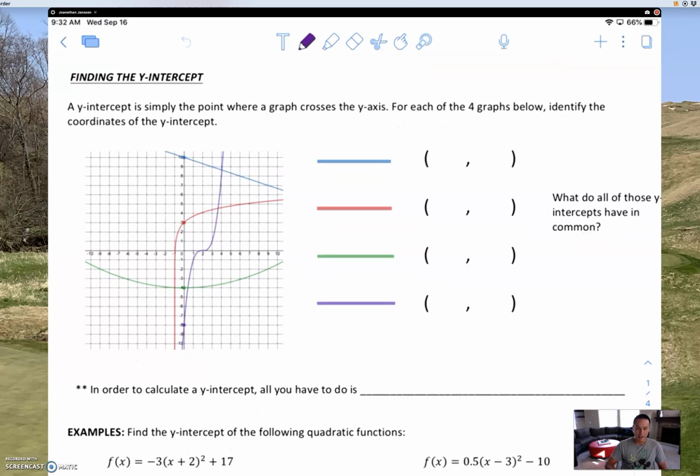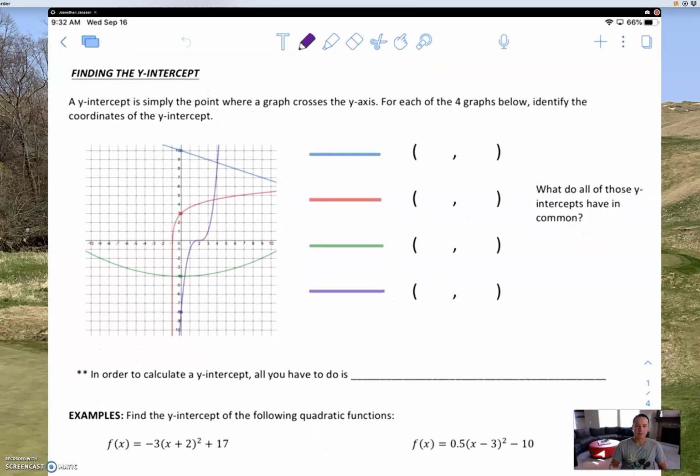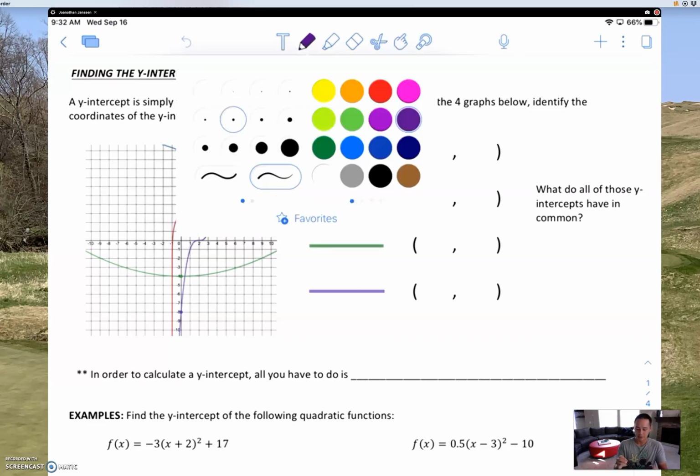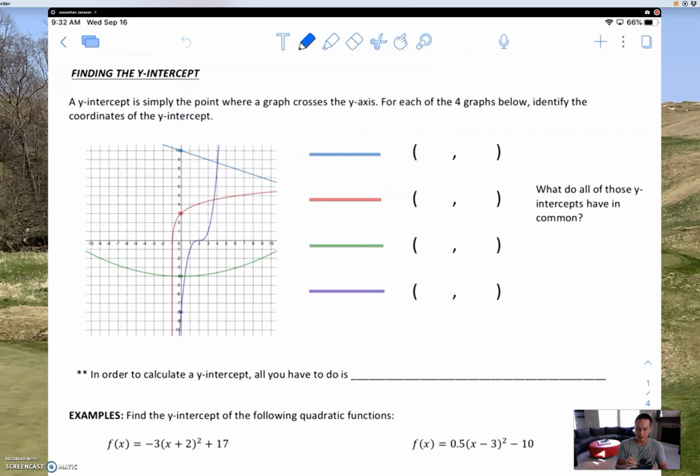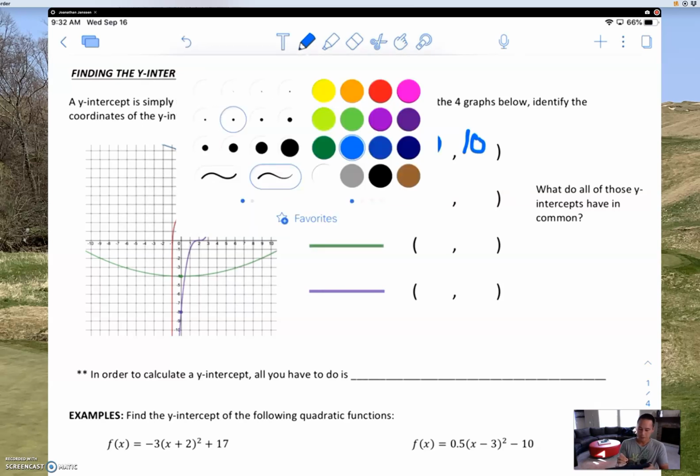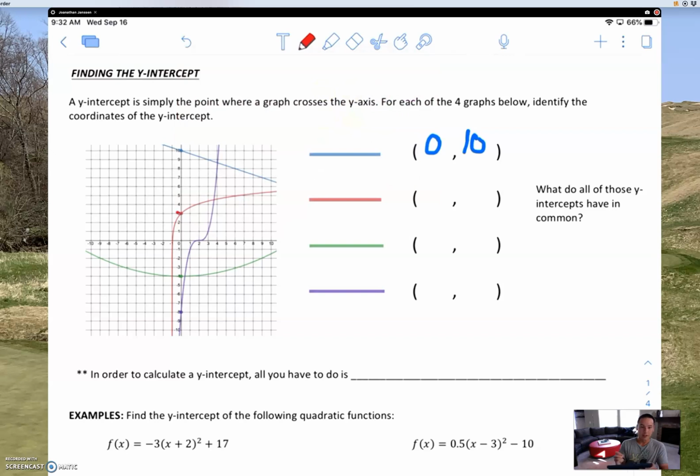So we're going to start by finding the Y-intercept, and I think that's going to be a relatively easy concept for us. What I have on there is 4 different graphs, and there's a dot on the Y-axis. Those are going to be the Y-intercepts. For the first blue graph, the Y-intercept is located at (0, 10). The red graph is at (0, 3).